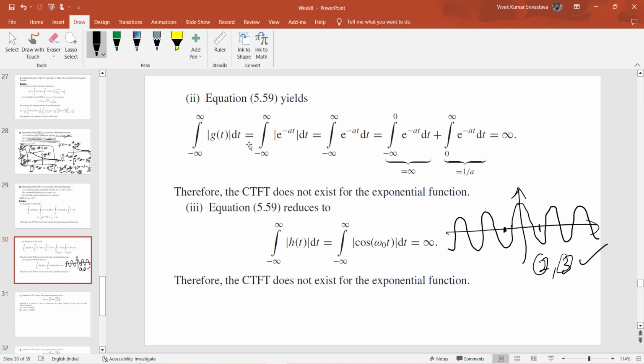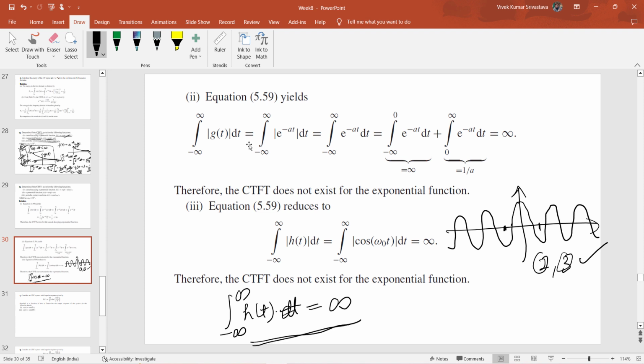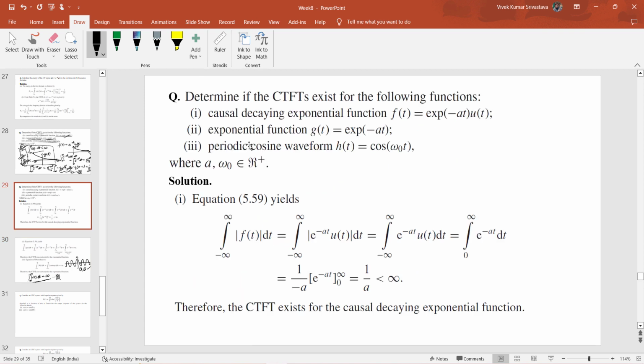But if you check whether the first condition is satisfied or not, the integral will result in infinity, because this function, cos of omega naught t, starts from minus infinity and goes to infinity, so it has infinite power. So if you evaluate this integral, it will result in infinity, and it means that the first condition is not satisfied for the third part, that is h of t.